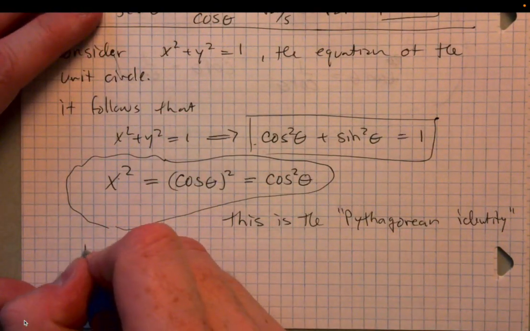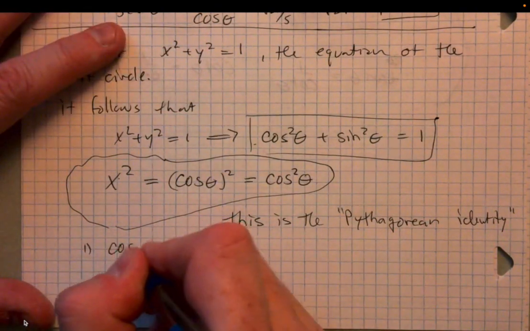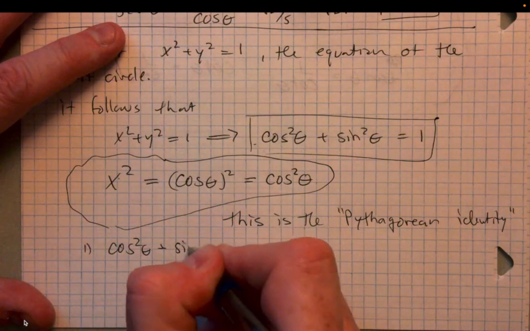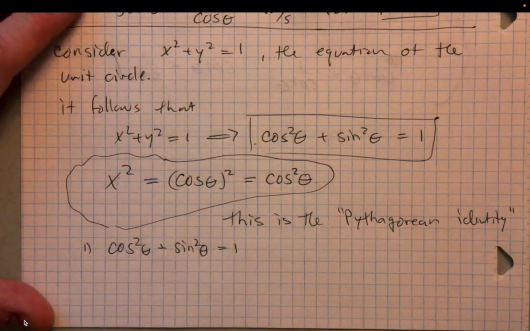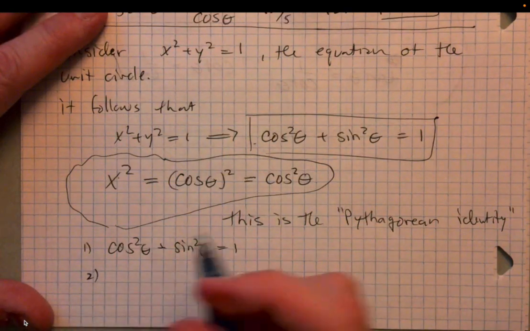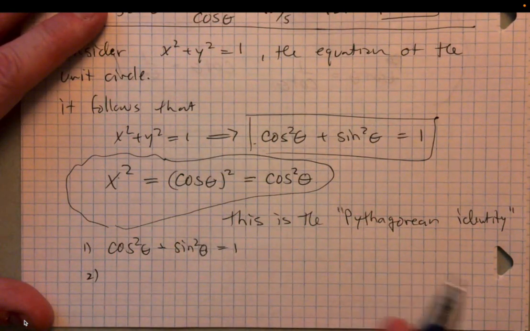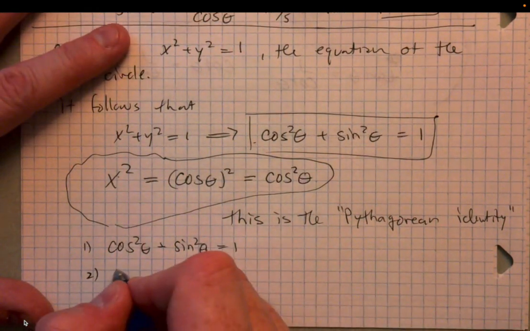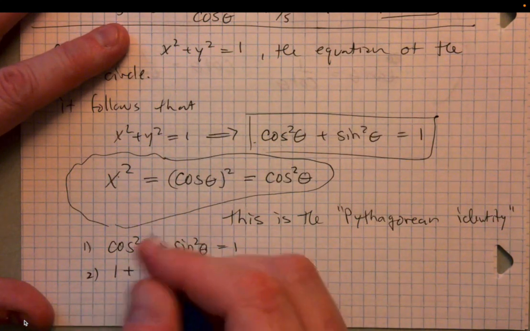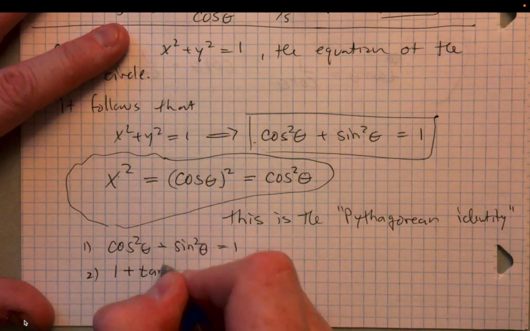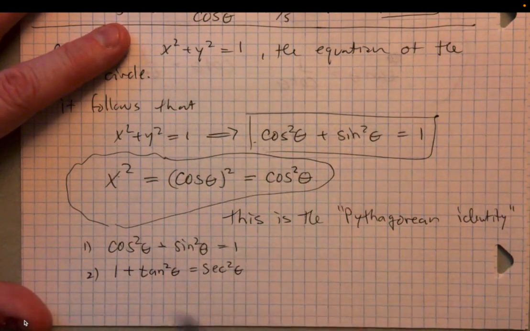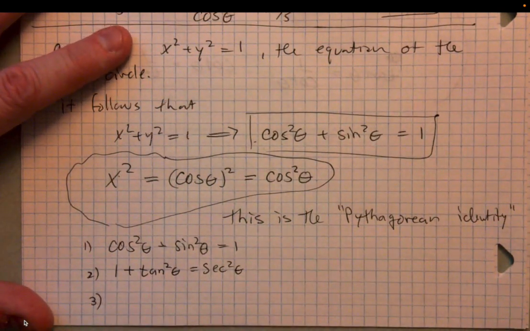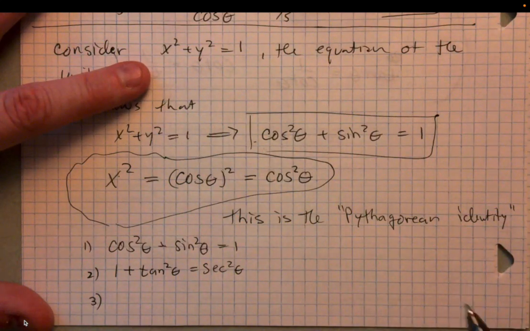Right? And so there's actually 3 parts to this. There's cos squared theta plus sine squared theta equals 1. That's the one we just saw, and we can see where that comes from. There's also a version for tangent and secant, and so it says 1 plus tan squared theta equals secant squared theta. And then there's also a version of the Pythagorean identity for cotangent and cosecant.